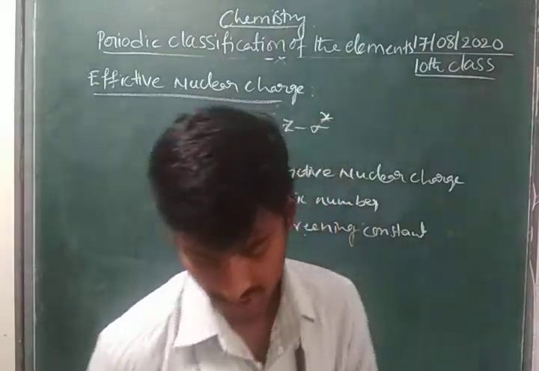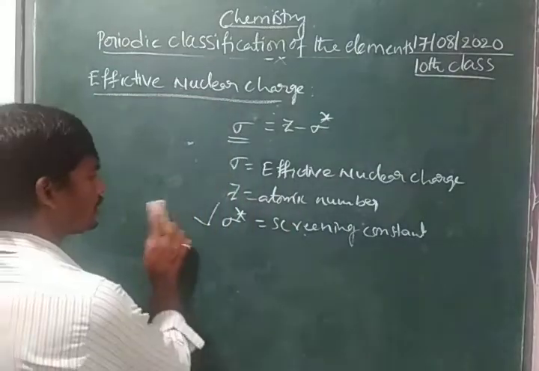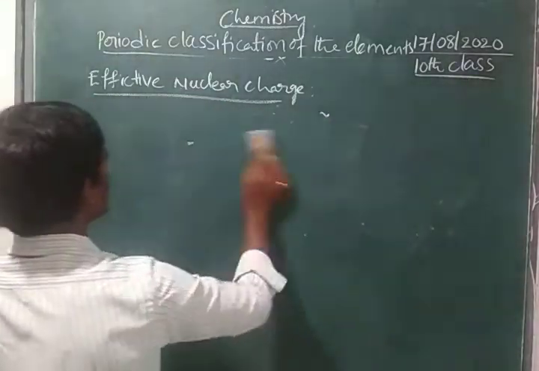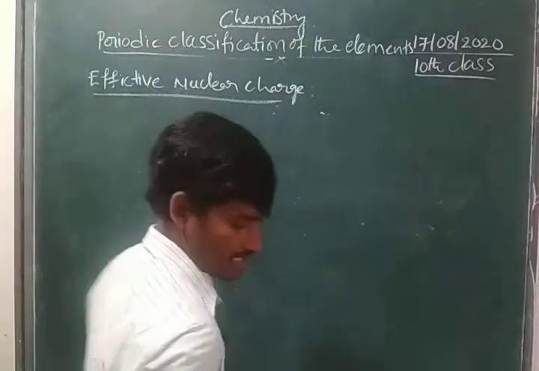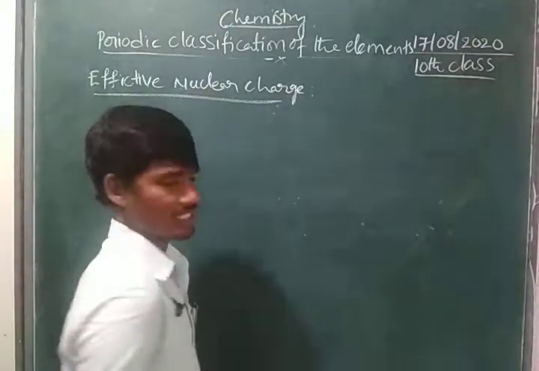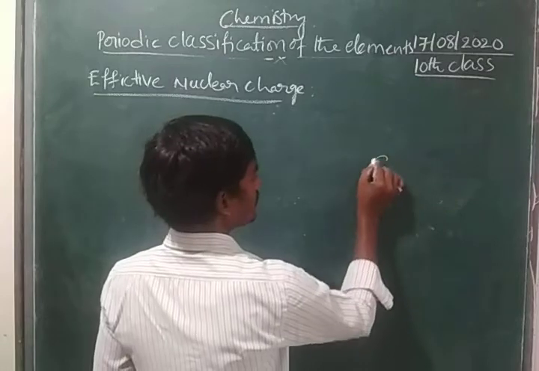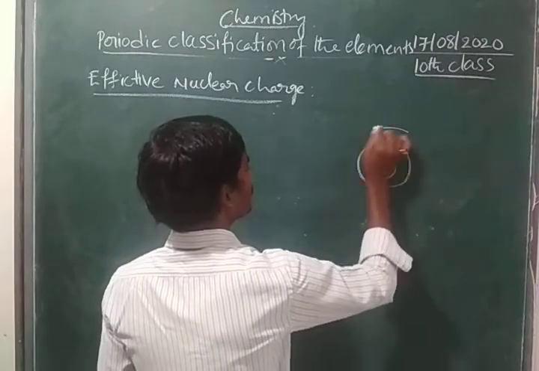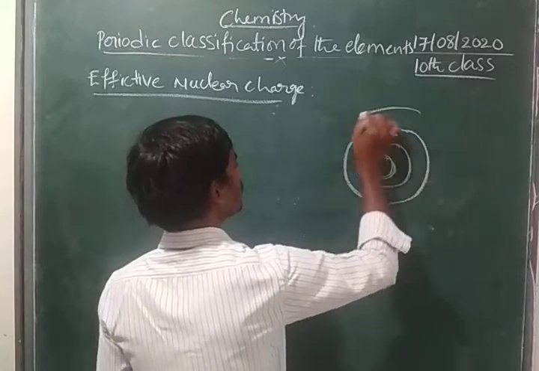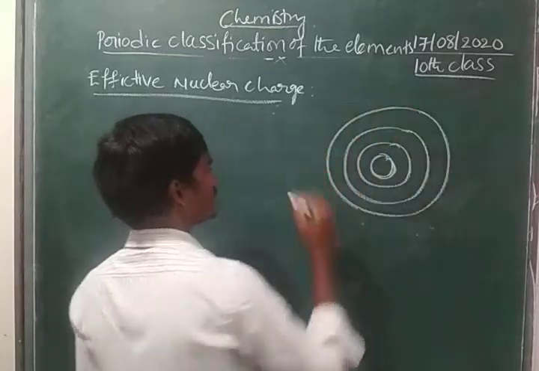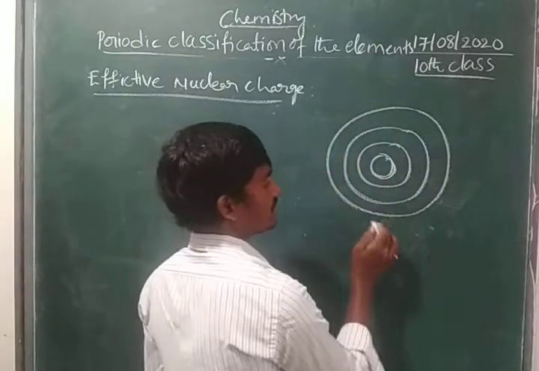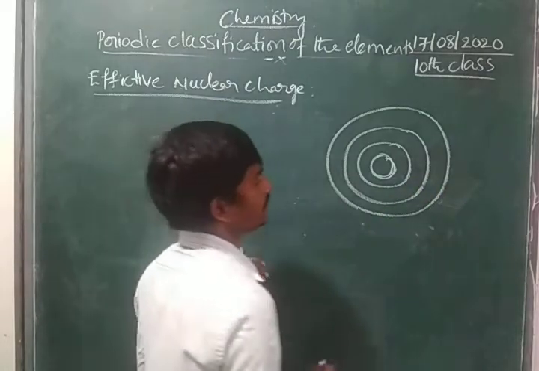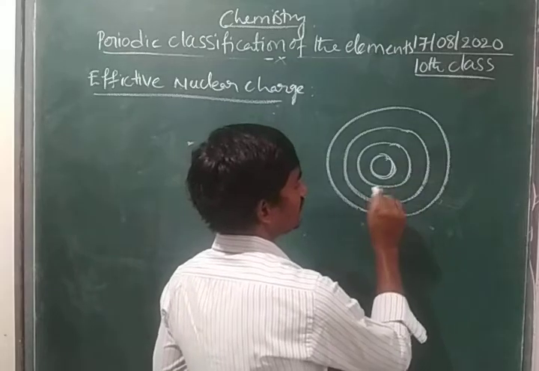Right, children? See here, how can you find out the screening constant values? Suppose we consider the atom. In the atom, what do we have, children? Here this is the first shell, second shell, third shell, fourth shell.